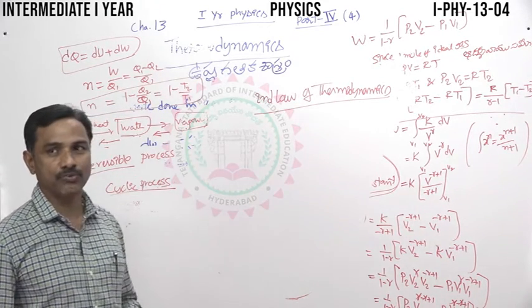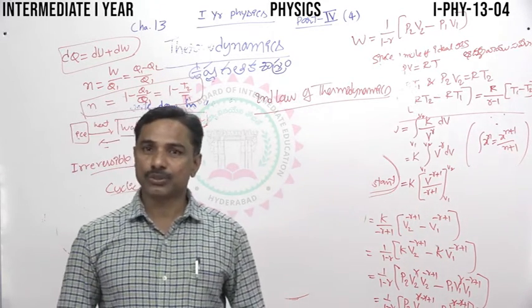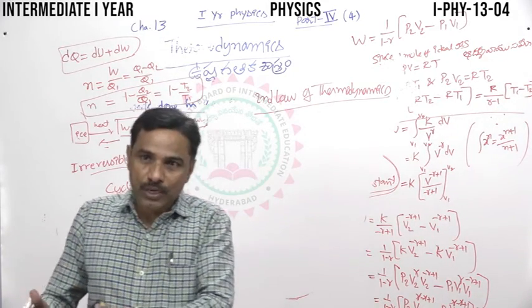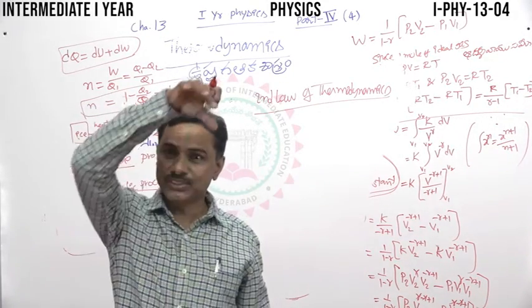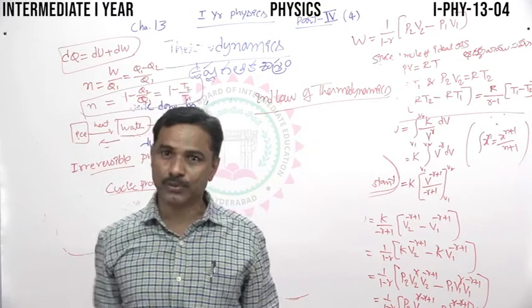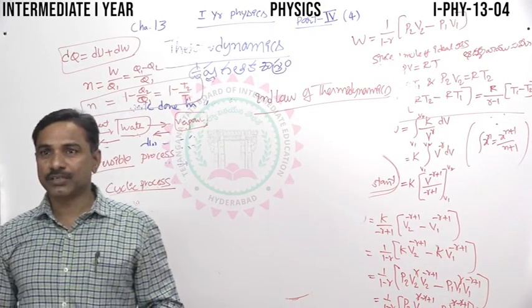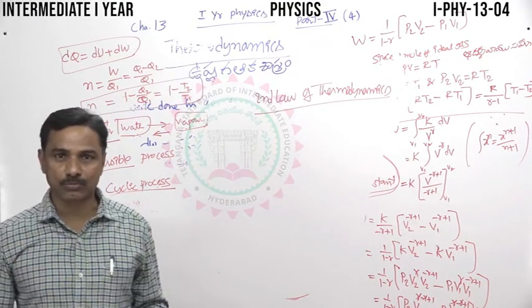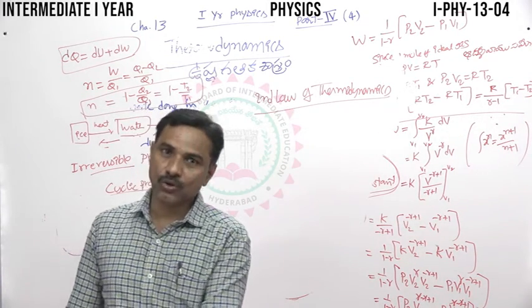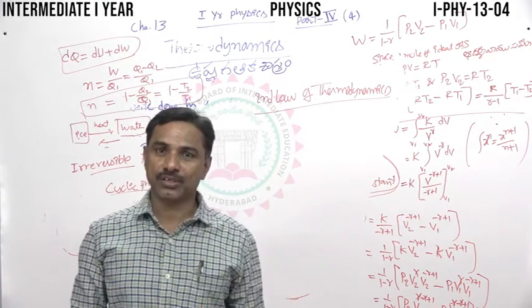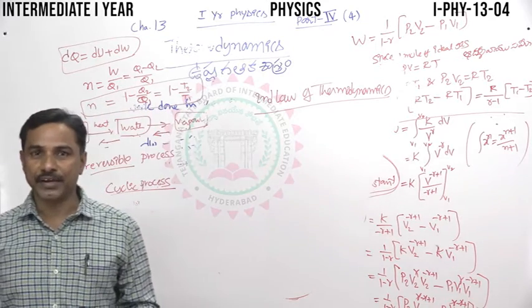Clausius statement, in a simple way: it is not possible to transmit heat from a body at lower temperature to a body at higher temperature, but the reverse is possible. From higher temperature to lower temperature, you can easily transmit heat. It is not possible to transmit heat energy from a body at lower temperature to a body at higher temperature without external aid.